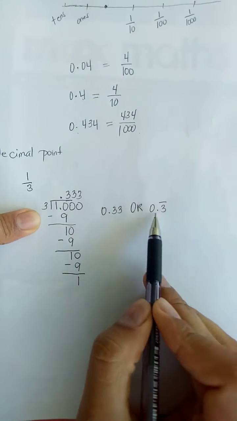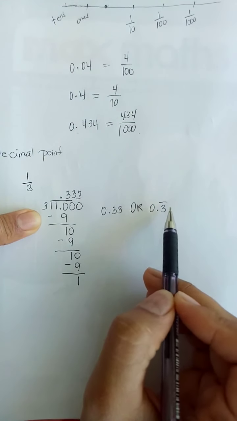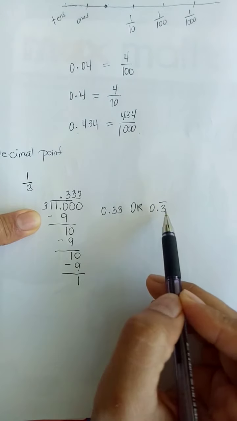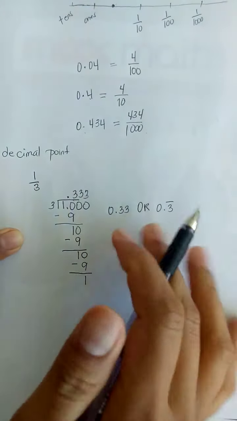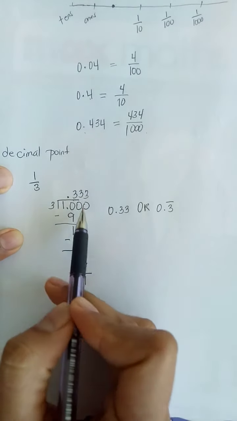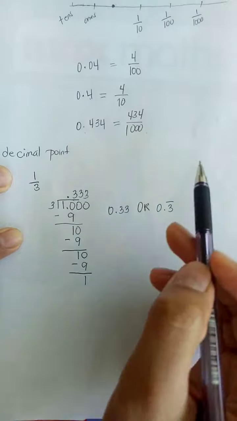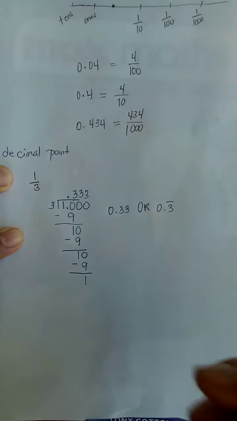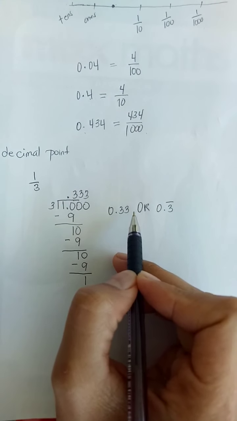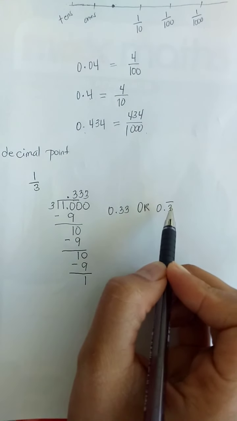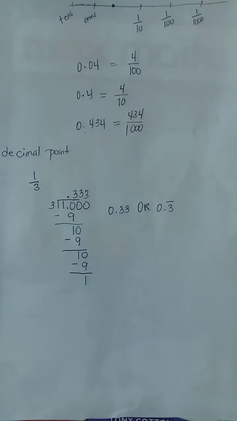If you do this, 0.3 and a line, it's understood that the 3 is going on, like 0.33333. Okay, that's how you deal when you have a similar number repeating on top, 3333 or 4444, 2222. You either stop on the third digit and you round off, or you just put a line on top of the first digit.